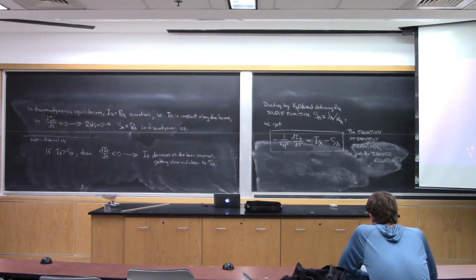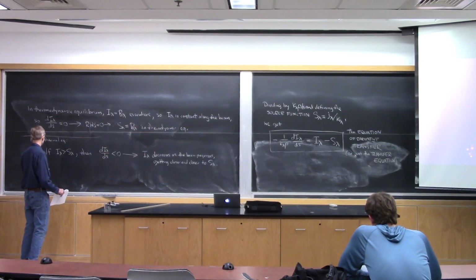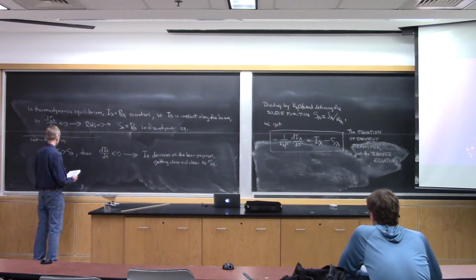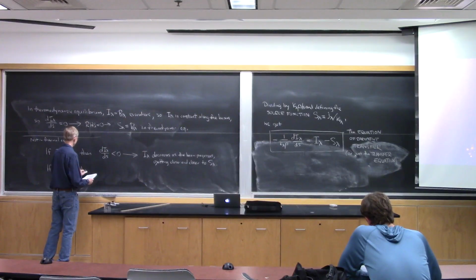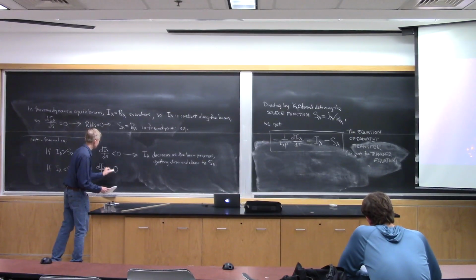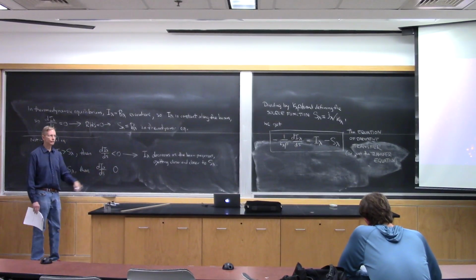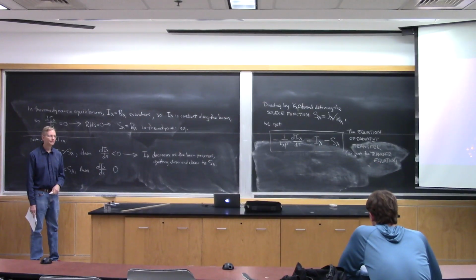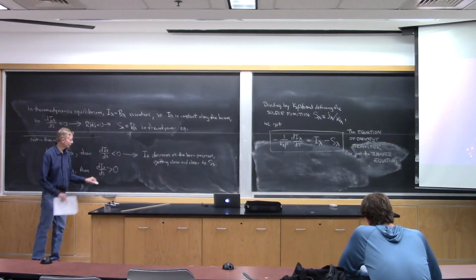Let's flip it around. If I lambda is less than S lambda, then what am I going to say about di lambda ds in that case? Which way am I going to put the inequality this time? It's greater than 0.